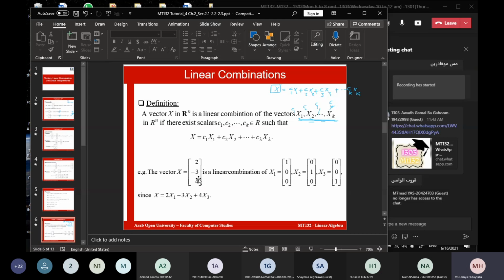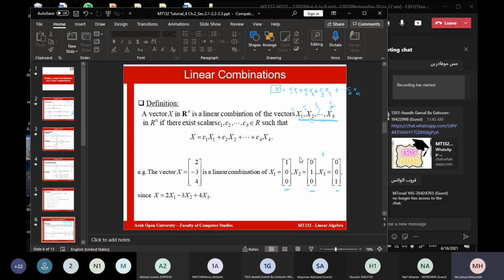Here, for instance, is an easy example. If we have the vector 2, minus 3, 4, is it a linear combination of these vectors or not? Yes, it is. Why? Because I need this to be 2, and I know I'm going to add these up after multiplying them by constants.